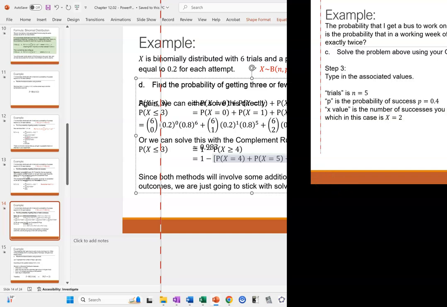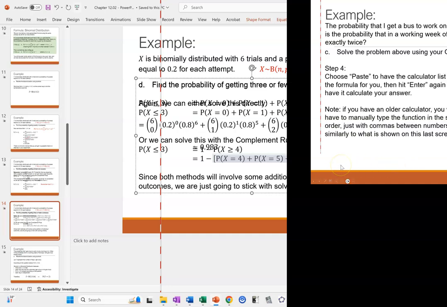Since we want only x equals 2, we want the PDF. The number of trials is 5, the probability of success is 0.4, and the number of successes is 2. I type those into the menu and press enter, and there's our answer. Notice that I didn't even have to use the formula with the combinations. The calculator just did it for me.